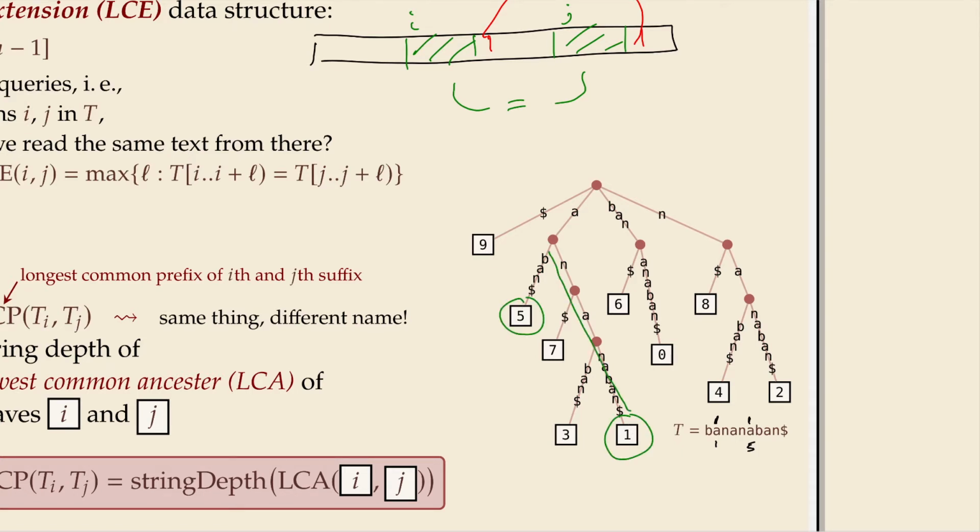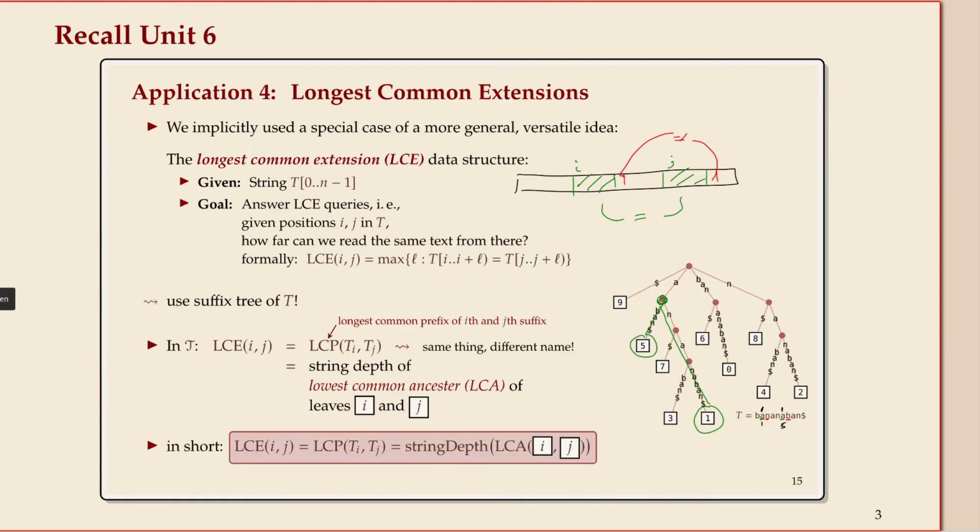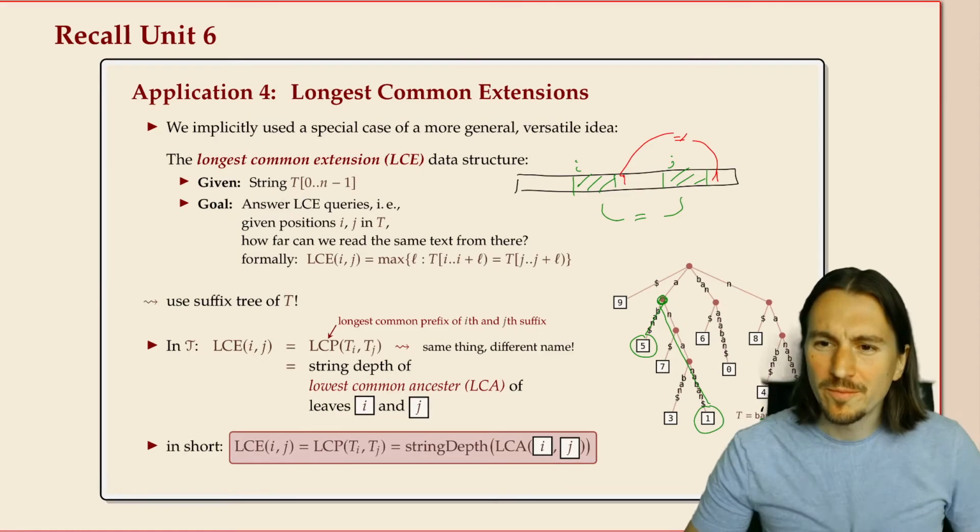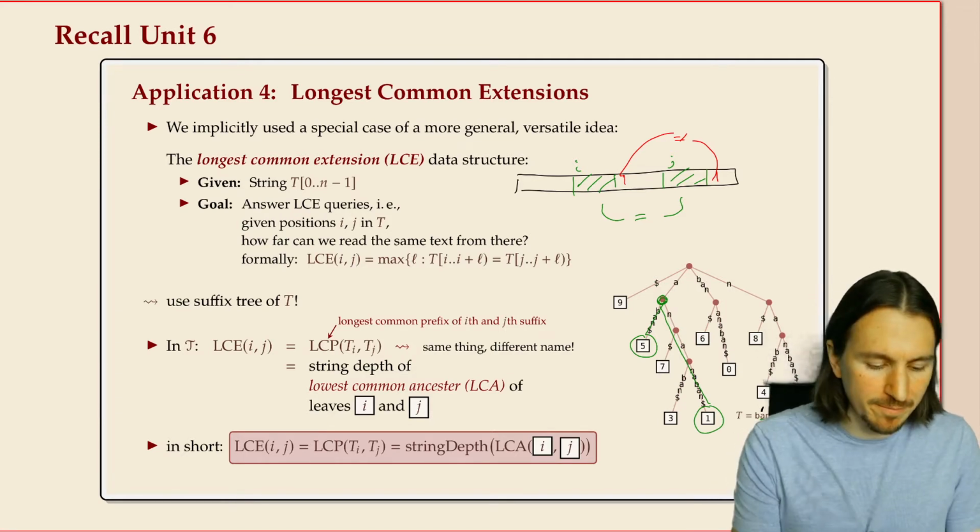Their lowest common ancestor is this node, and it has string depth 1. So that would mean I can read one character that is equal, and then the next one is actually already a mismatch. And that works out in our example. Okay. That was what we noticed at the time.